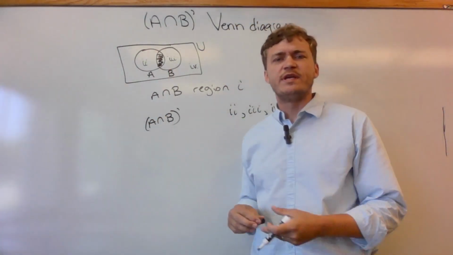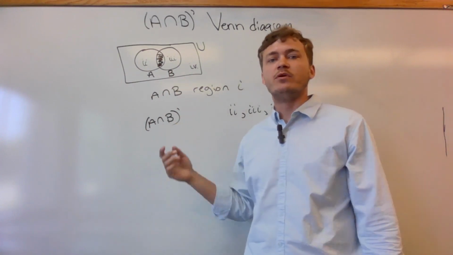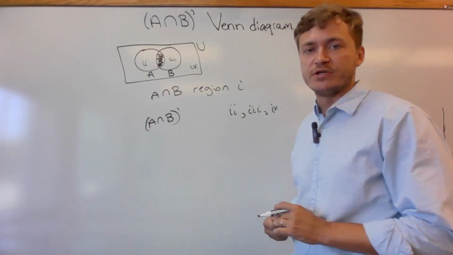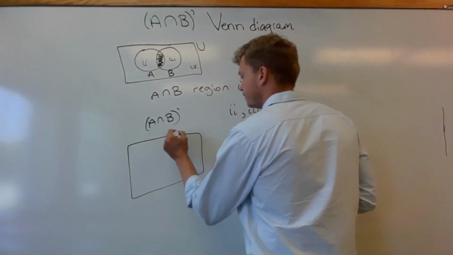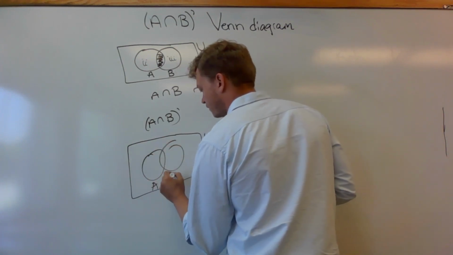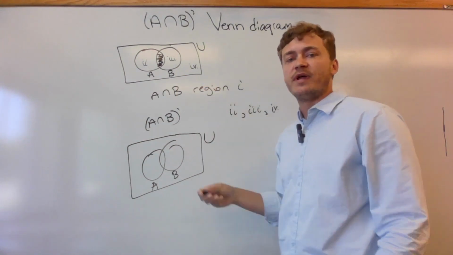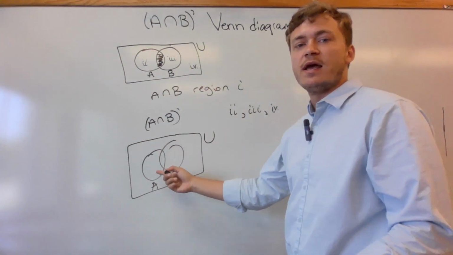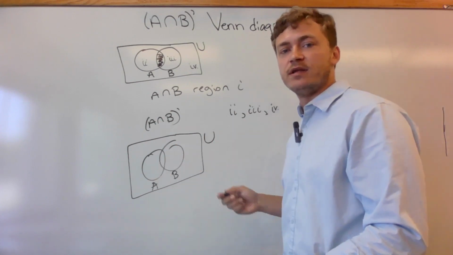Working off of this one, it was pretty easy to see that if the intersection of A and B is the middle, everything else but the middle would be 2, 3, and 4. But we'll draw a picture just to have that image. If I shaded the middle, the intersection, the complement of that is going to be everything else. I'll shade A, not in the middle. I'll shade B, and I'm going to shade the outside.